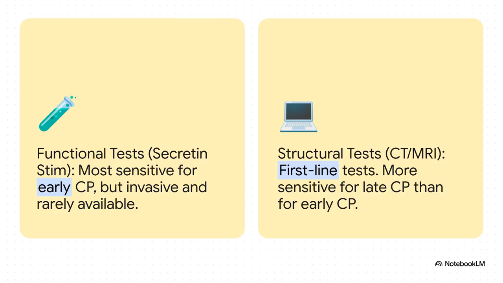Now, these are amazing, super sensitive for catching the disease early. The catch? They're invasive and, honestly, almost never available. On the other hand, you have your structural tests, your CTs and MRIs. These are your workhorses, great for seeing late-stage damage like calcifications, but they can look totally normal in the early stages. So you see the dilemma? This is a really key decision you have to make.